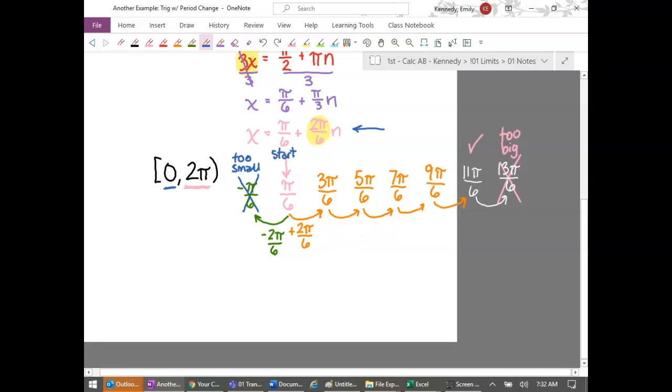But by starting wherever this tells you to, and then moving forward by that step amount, and also moving backward just in case, and then just list everything that fits between 0 and 2 pi.